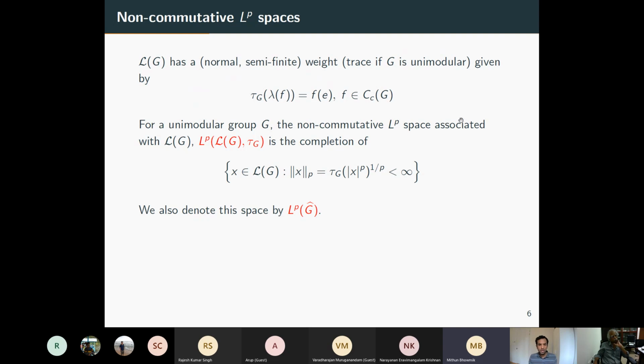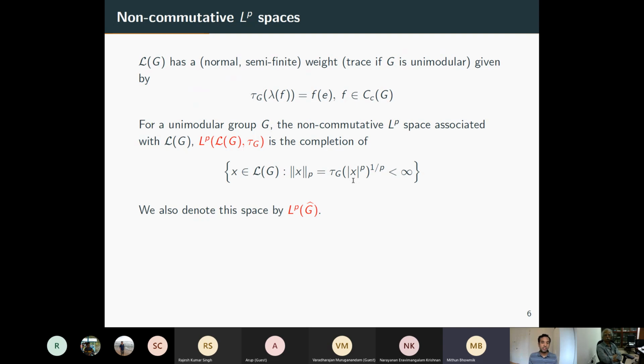But in the unimodular case, when this is a trace, the non-commutative LP space, by this I mean the completion: you take the set of bounded operators inside this von Neumann algebra and you define a norm, the p norm, which is the trace of the absolute value of x to the p, as an operator, to the power 1 over p, right?